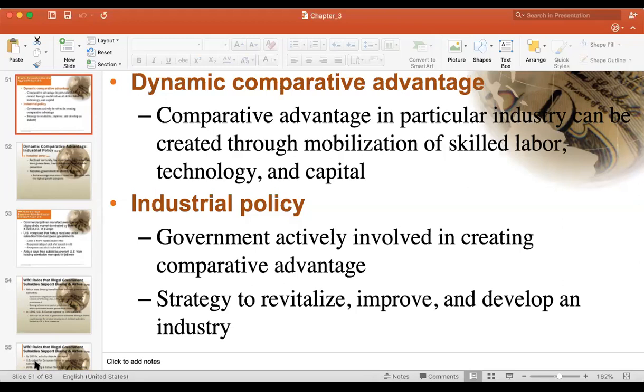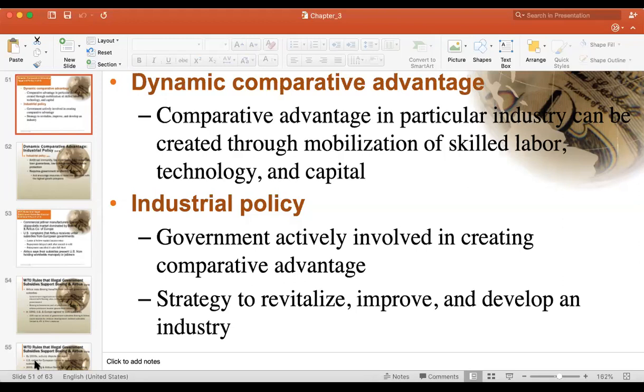And that is using industrial policy to promote certain industries whereby those industries can actually create a comparative advantage. So that's basically what industrial policy is all about.